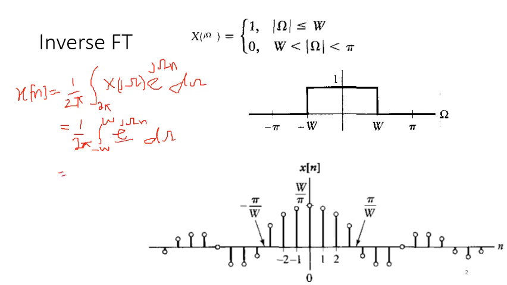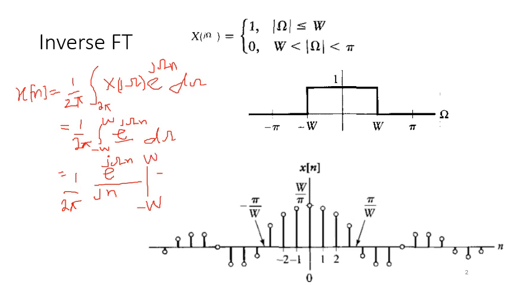Integration of this will be e to the power j omega n, and because we are integrating with respect to omega, we scale it by 1 over j n. That is 1 by 2 pi, divided by jn, and the limits of integration are minus W up to W.